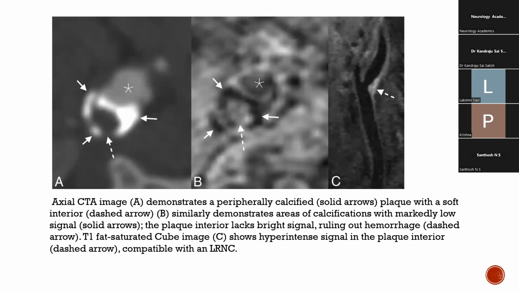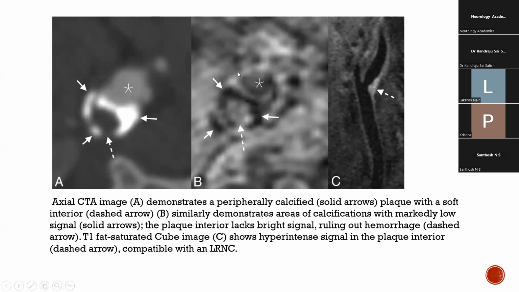So this is a representative image. In the first image, which is a CT angiogram, this is the lumen, and here we can see the plaque. The periphery of the plaque is hyperdense, which means that it is calcified.